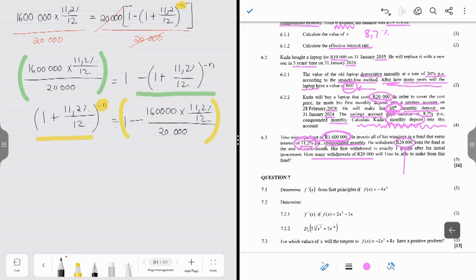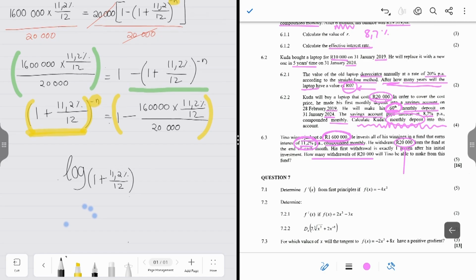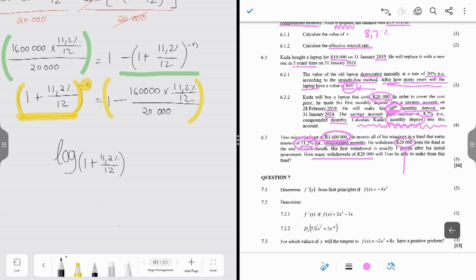And so if we're going to do logs, remember you get a mark for using logs correctly. You're going to say log of the base, and the base is this over here. This bracket here is your base. So it's bracket 1 plus 11.2% over 12, log base of, and the of is the answer on the right-hand side over here.